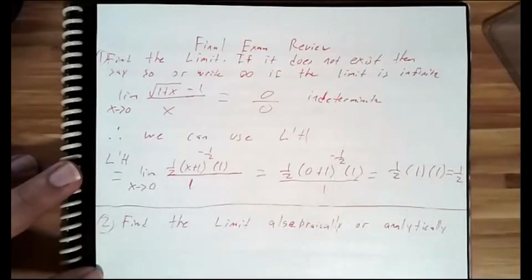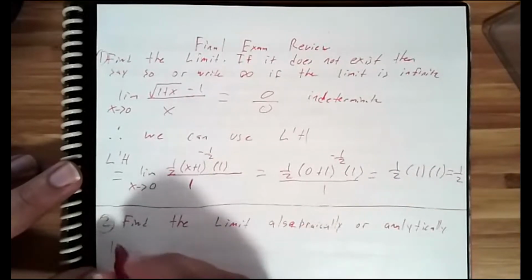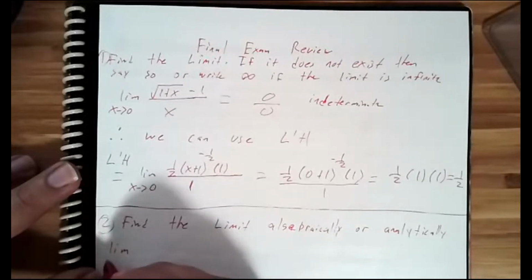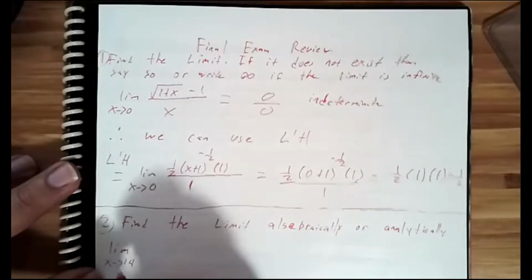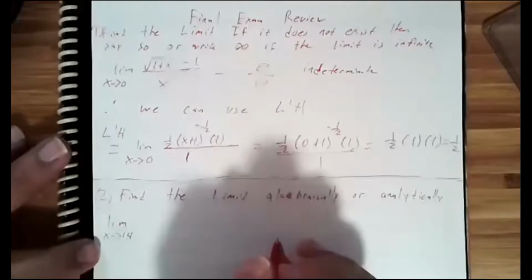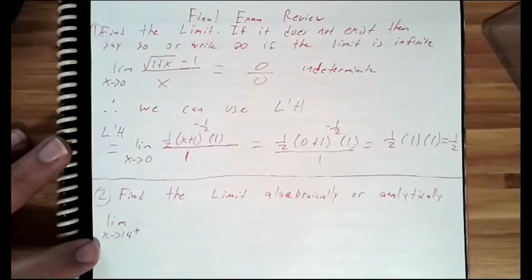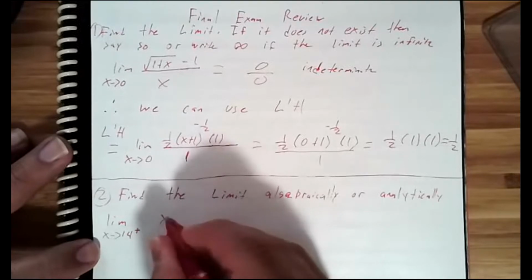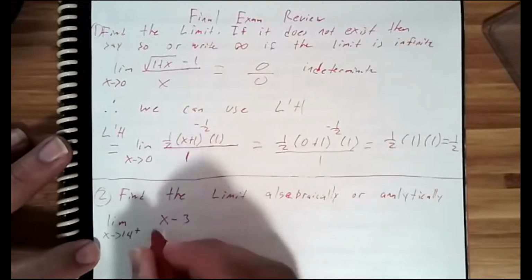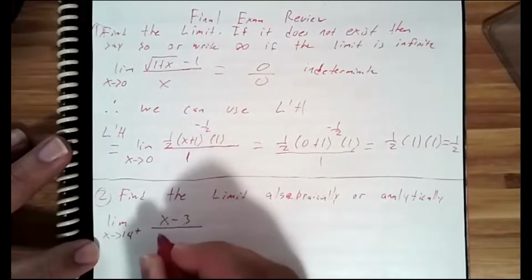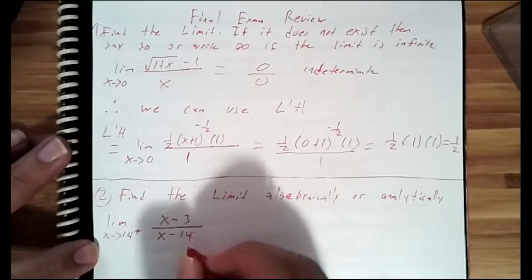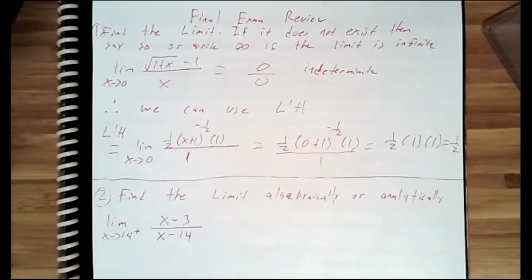Next, approaching 14 from the right or the positive side: x minus 3 over x minus 14.